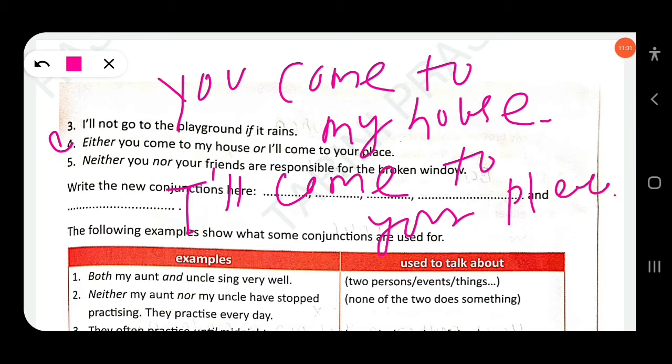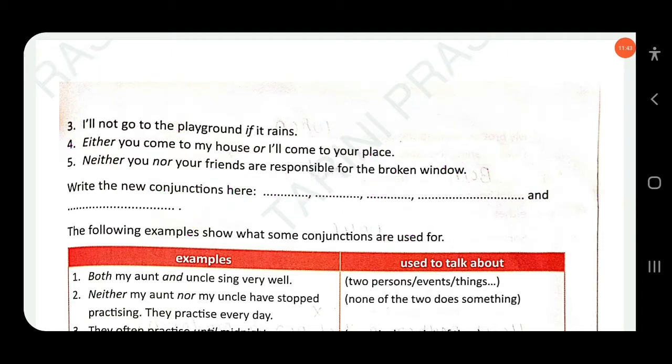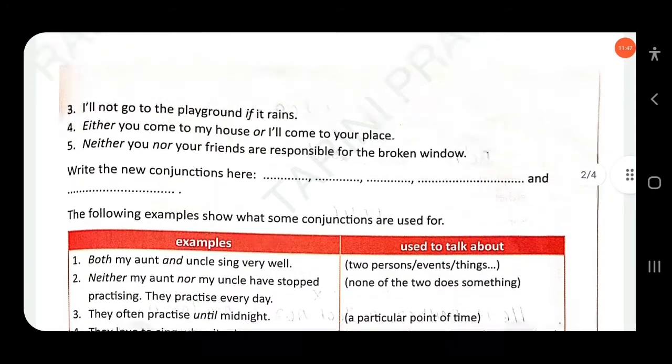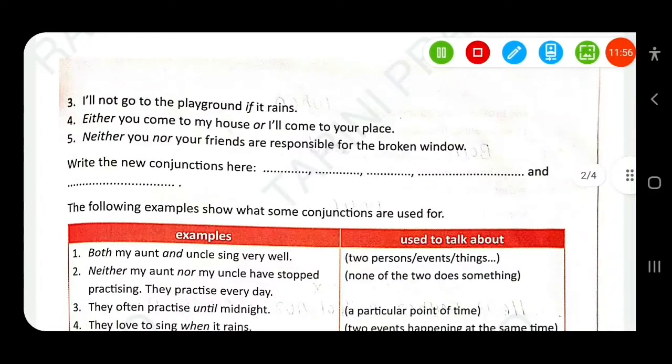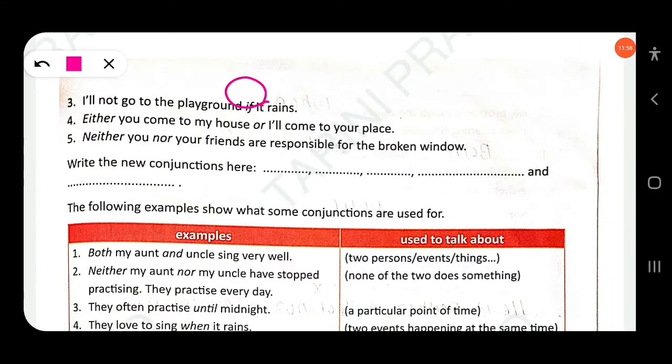Now you have to use either or: either you come to my house or I will come to your place. We use either or when two sentences are positive. We use neither nor when the two sentences are in negative form. Clear? To write the new conjunctions here: until, when, then next if, either or, and also neither nor.